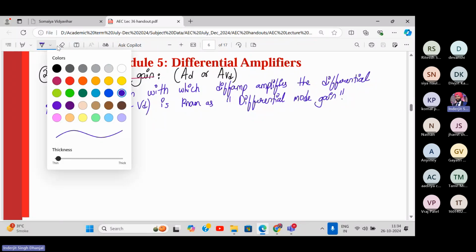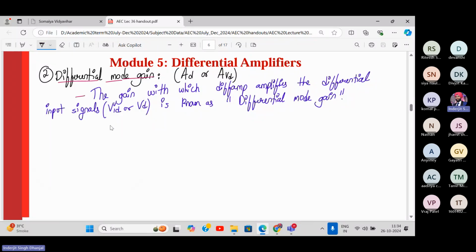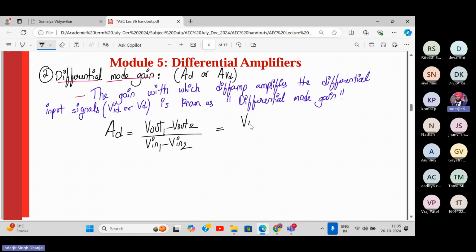So now we'll write the mathematical definition. AD, differential mode gain, is V out 1 minus V out 2 divided by V in 1 minus V in 2, which can be written as V out differential over V in differential, which can be written as VOD over VID also. So what is the first term over here?